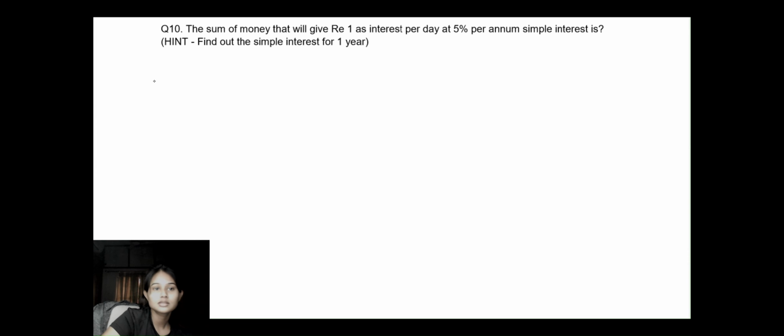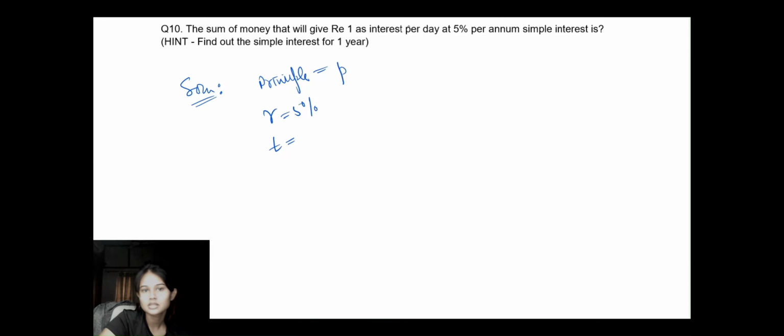Then we have to find this. Okay, coming to next question and the last question. So, sum of money that will give rupees 1 as interest per day at 5% simple interest is. Okay, we have to logically move. Principal we do not know and we have to find that out. Rate is given 5%. Time is given as 1 rupee as interest per day.